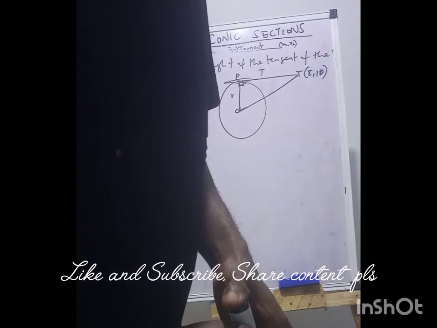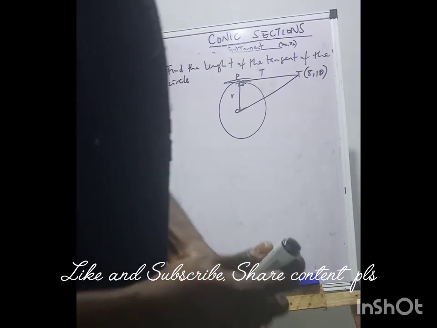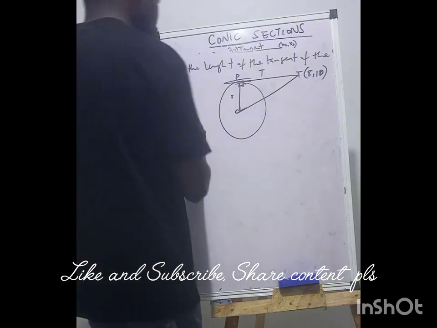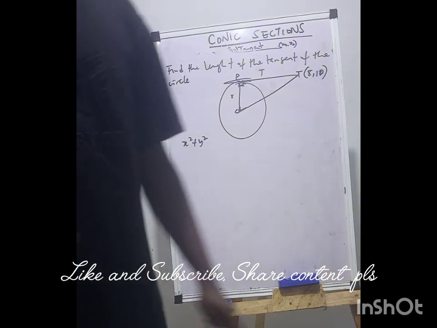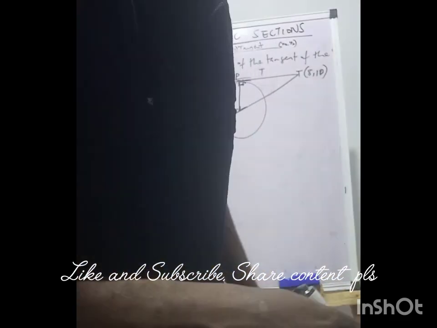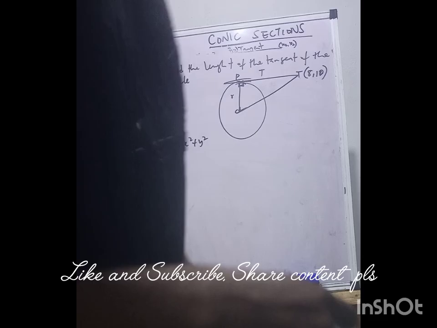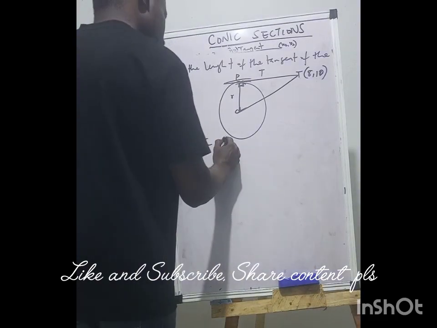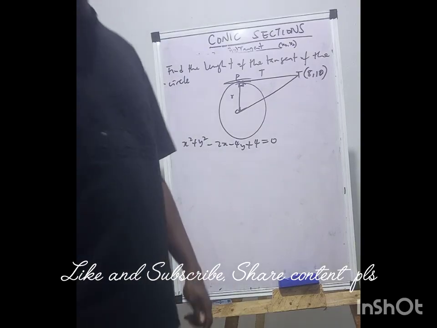Okay, and then there's an equation x squared plus y squared. We're just taking typical questions. x squared plus y squared minus 2x minus 4y plus 4 is equal to 0.